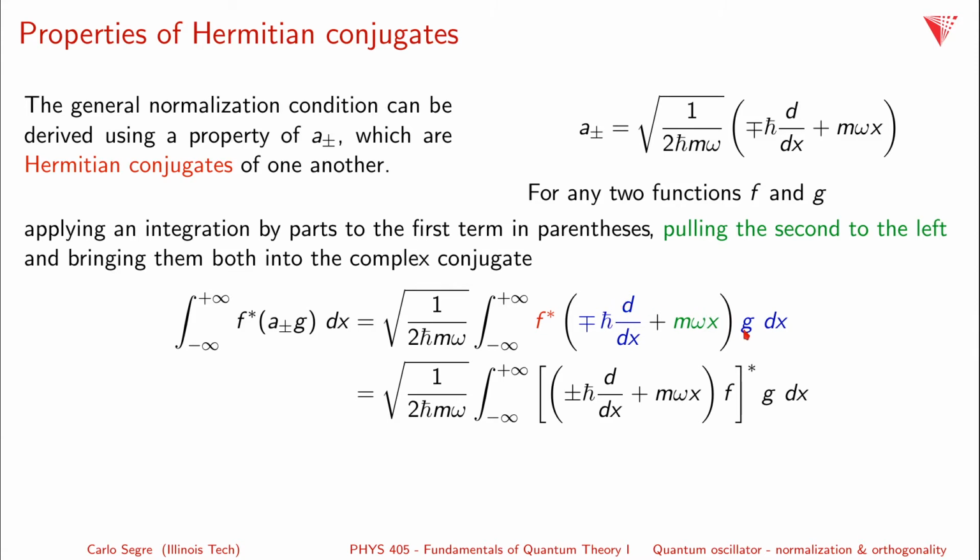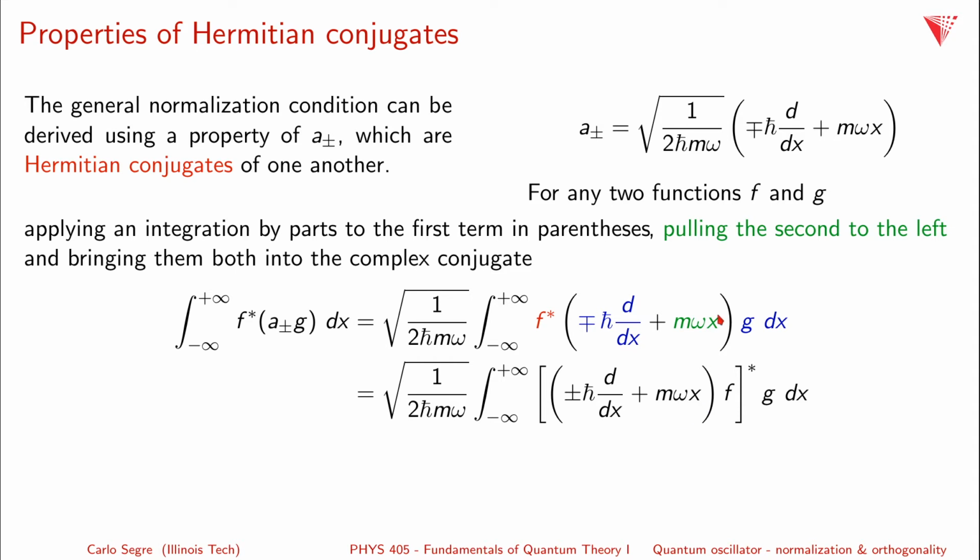So when you apply that term, this becomes just g, and this turns into plus minus h bar d by dx f star. And we've now pulled that into the complex conjugate because there's no imaginary portion here, so you can just pull it all in without having to change anything. So inside this complex conjugate, we've applied this operator, which is plus minus h bar d by dx plus m omega x.